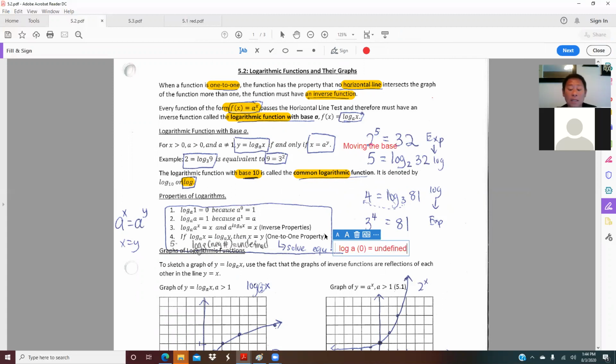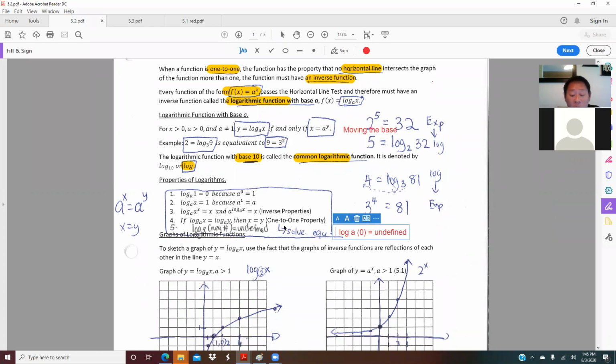So if your argument is 0 or negative, you get undefined. If you get 1, it's 0; any base to the same is 1. These are the properties of log, which are very important. Make sure you know them, and we have a few more properties of log.